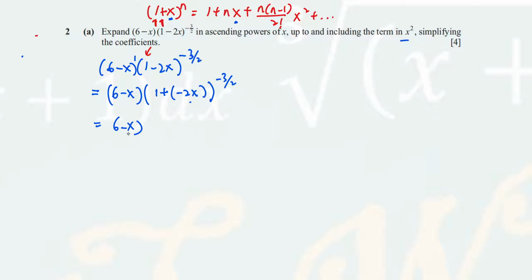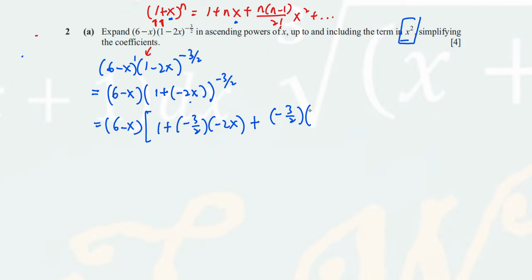So now just apply the formula. It will be 1 plus n, which is negative 3 over 2, times my x, which is negative 2x, plus, and the question is asking for x squared, so the next term is n, which is negative 3 over 2, then I need to minus 1 from negative 3 over 2, that is negative 5 over 2, over 2 factorial, and then my x becomes negative 2x and you square it.